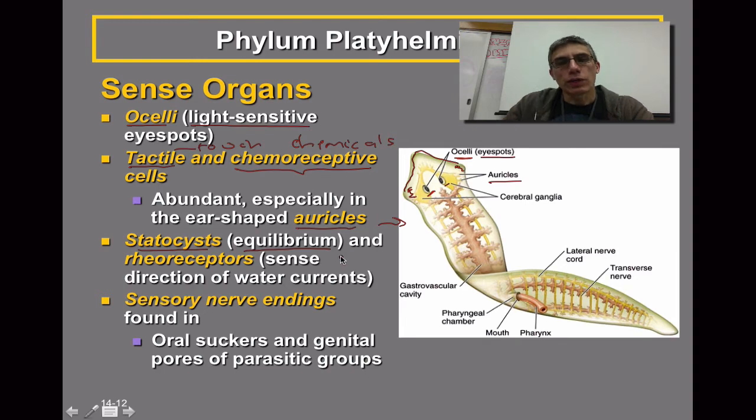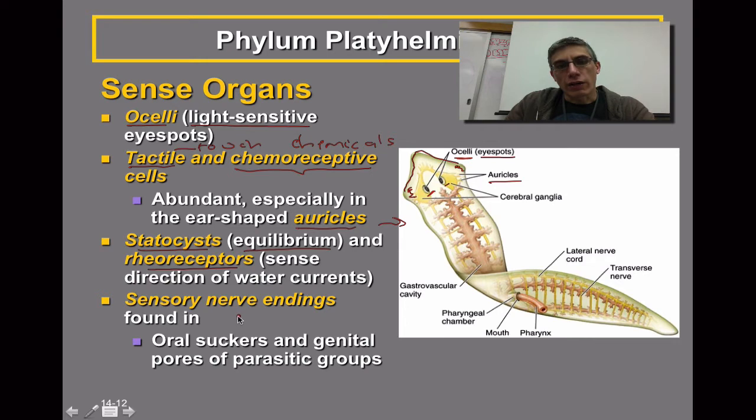And what that simply means is that the animal is going to use these statocysts to make sure that it remains upright. Now, some flatworms will have rheoreceptors, and these rheoreceptors are going to be there to sense the direction of water currents. And so if you have a flatworm that is primarily aquatic, these receptors are going to be really important to that animal.